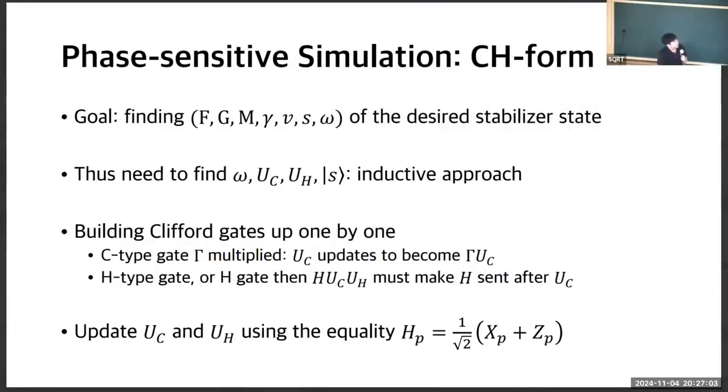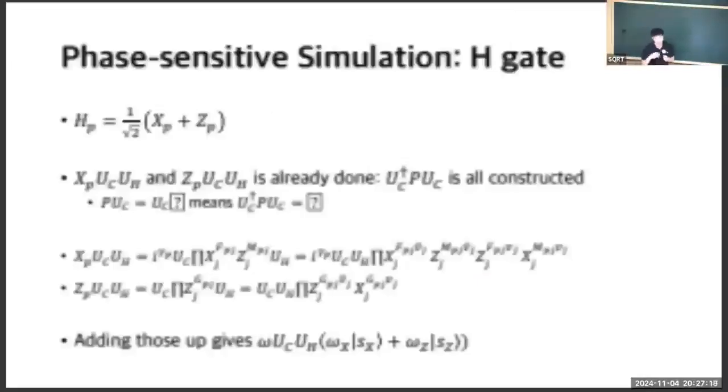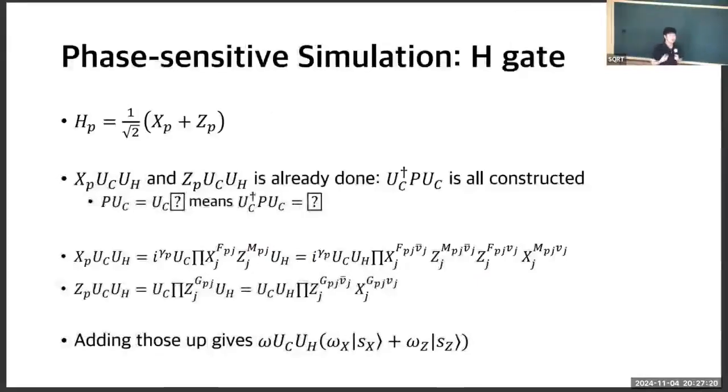But we need to update UC and UH when we apply H gates. So we are now using the equality H_P equals 1 over square root of 2 times X_P plus Z_P. So we just apply X_P and Z_P, both of them separately, and we can add them.